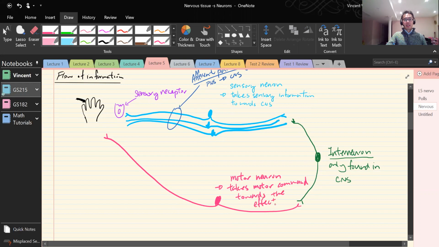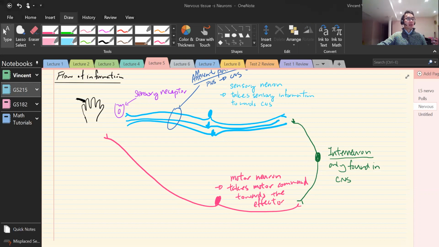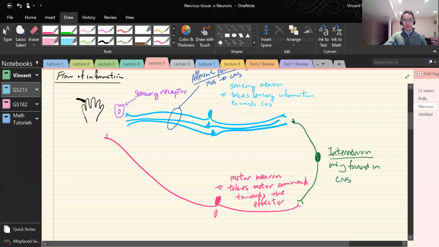The effector is the thing that's going to be carrying out the action. In this case, the effector is going to be the muscle in the hand. And again, it's not just going to be one of these.